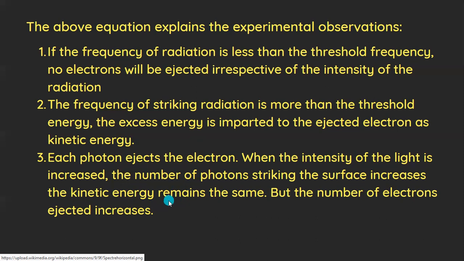So in a nutshell, there are only three things that you need to remember. First, threshold frequency. Threshold frequency is the minimum frequency that is required for the removal of electrons. So if a frequency hits, and this frequency is more than the threshold frequency, then some amount of it, up to the threshold energy, is used up for removal of the electrons, and the remaining excess energy is used for kinetic energy.